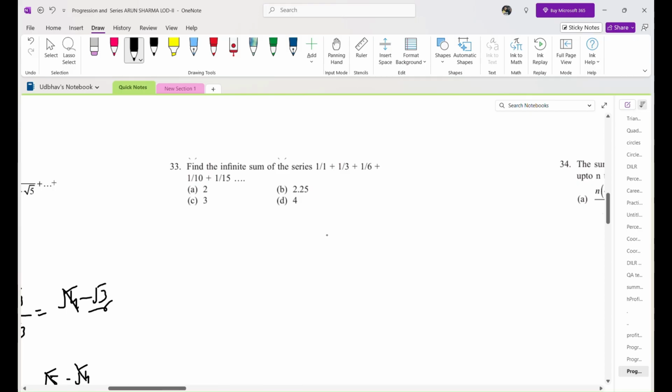Find the sum of the series 1 plus 1 upon 3 plus 1 upon 6 plus 1 upon 10 plus 1 upon 15. Here we cannot see any GP.